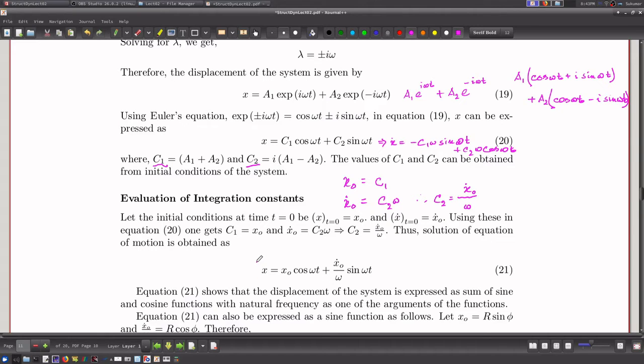Therefore my final solution will be this one, right? My final solution is x equal to x naught cos omega t plus x dot naught by omega sin omega t. So I can express my displacement in terms of two terms, one cosine term and one sine term.